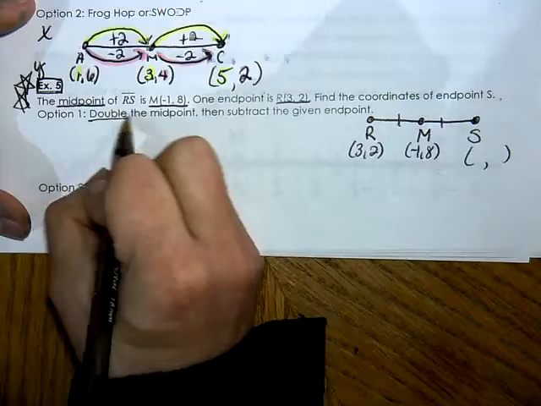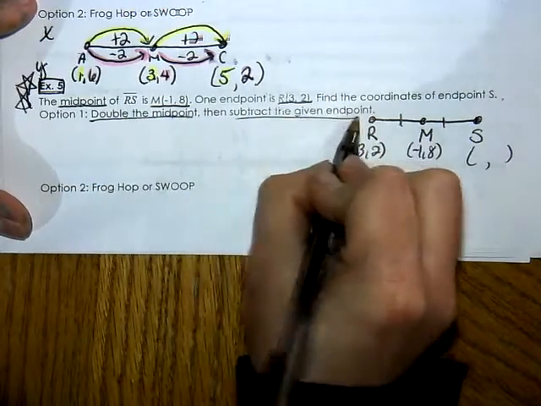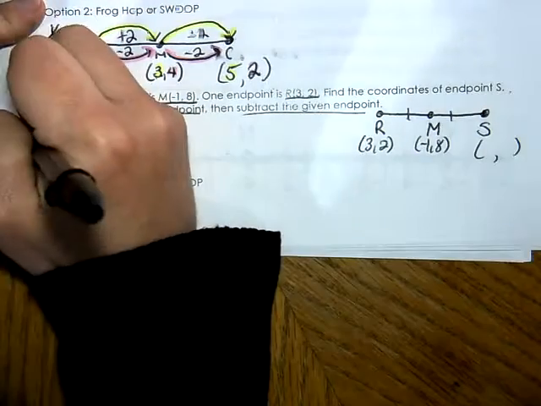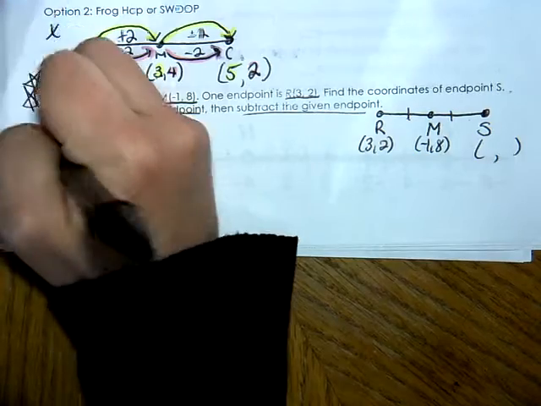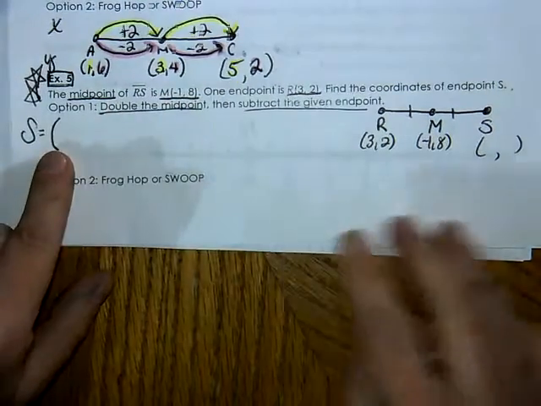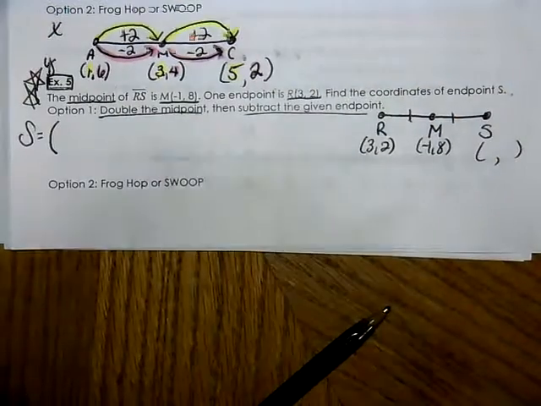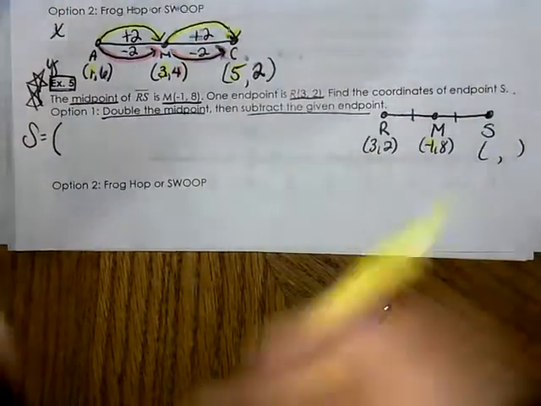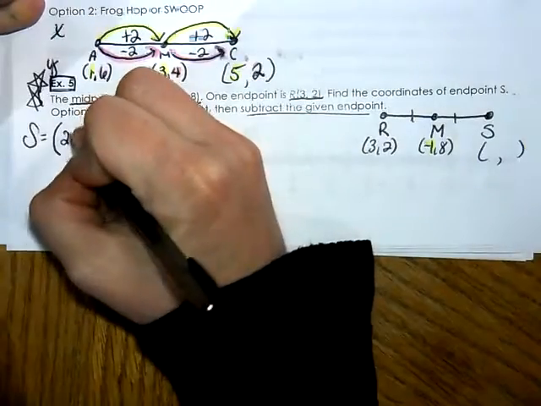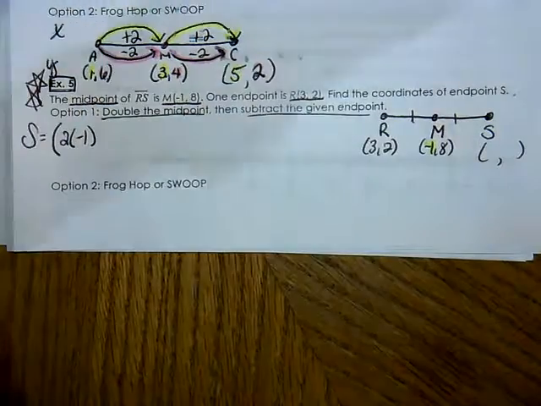So I'm going to double the midpoint and subtract the given endpoint. This is going to help me to find what S is. So to double my midpoint, my midpoint X value in this case is located at -1, so I'm going to double it. That means to times by 2.